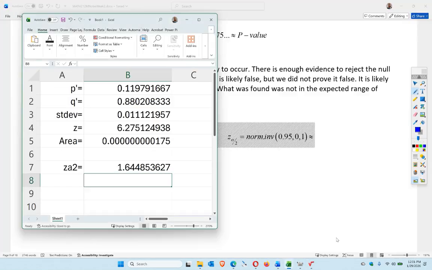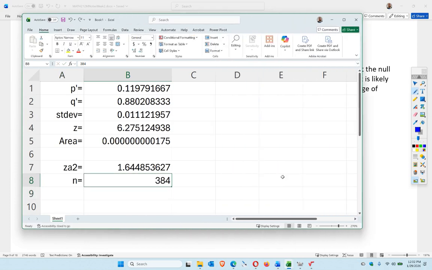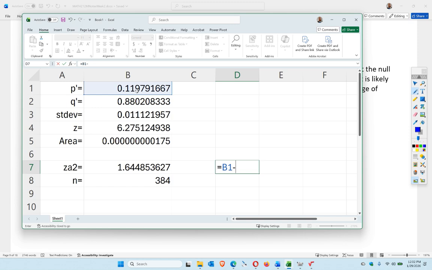Okay, so we have the P, we have the Q, we need the N, right, which is 384. That's the only thing we don't have. Okay, so the left side is P minus Z times the square root of P times Q divided by N, right?